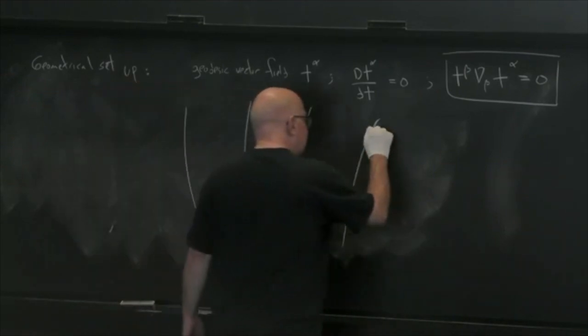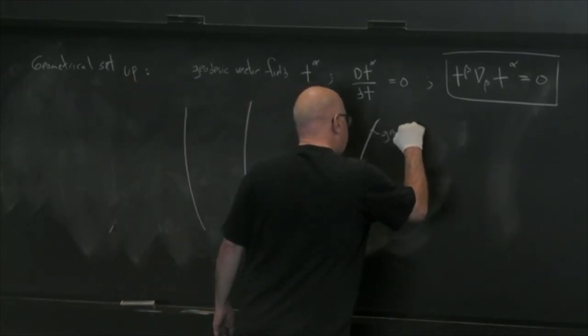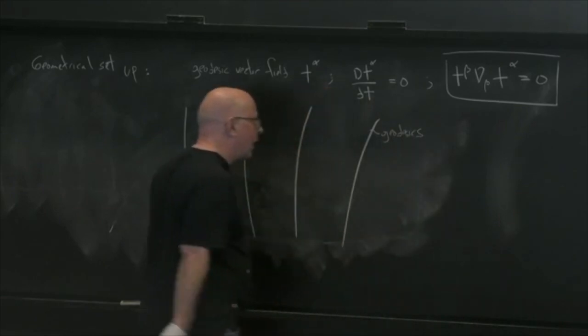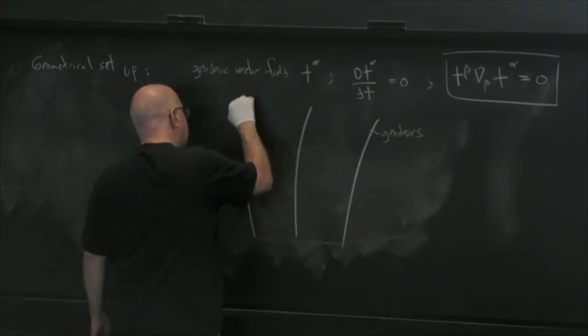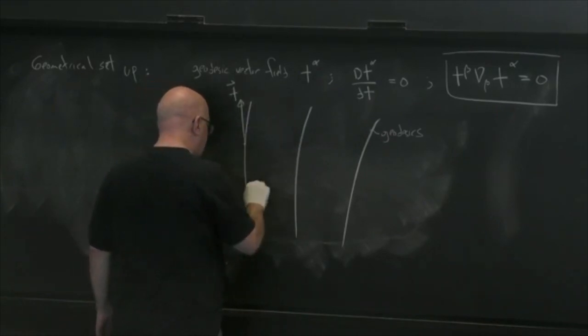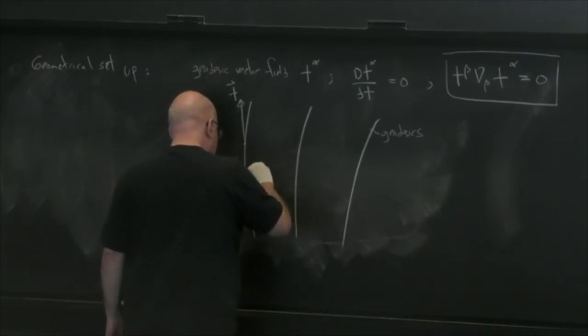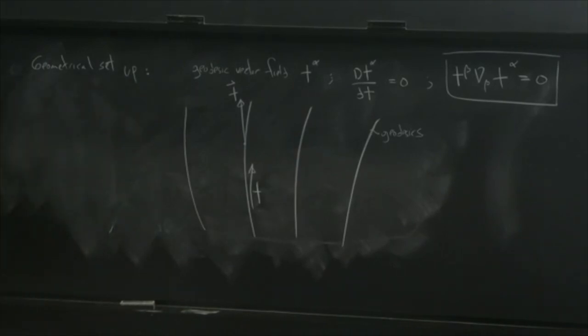So these are all geodesics. They're all the integral curves of our vector t, and then the vector t is tangent to all of those curves, and I'm using t as an affine parameter on those curves. All right, so all of this is good.